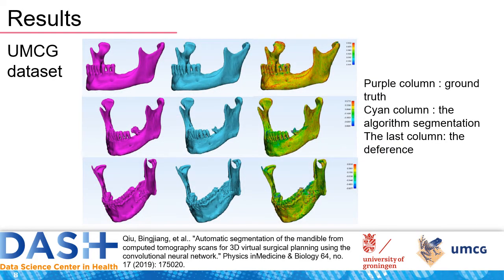Here is the result. From left to right are 3D views of the ground truth and the algorithm segmentation. The surface data maps from algorithm segmentation to manual segmentation.